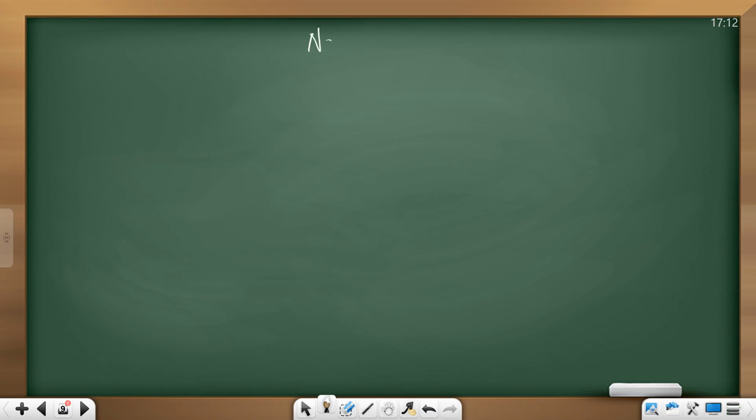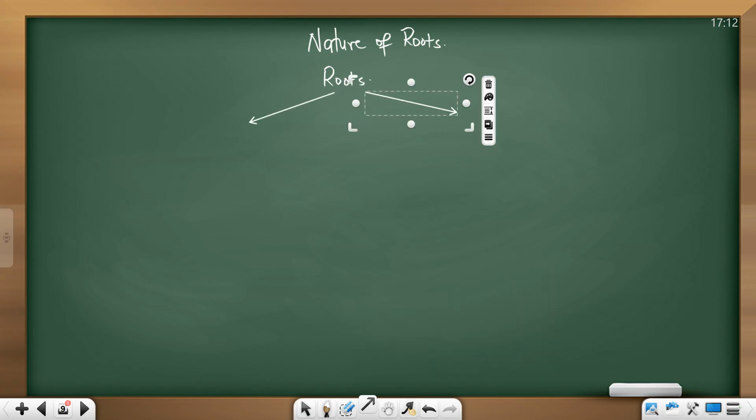Nature of roots, quickly, 5 minutes. Roots are either real or non-real. For them to be non-real, my discriminant must be less than 0.